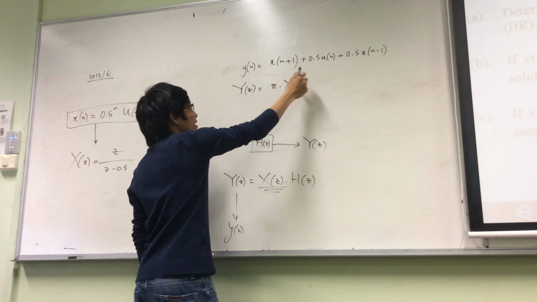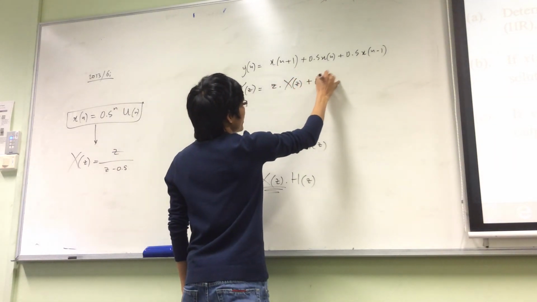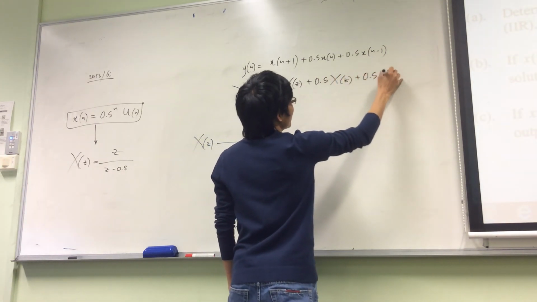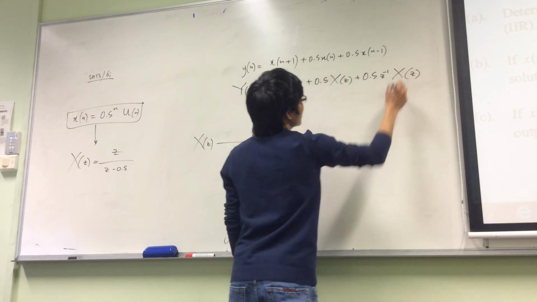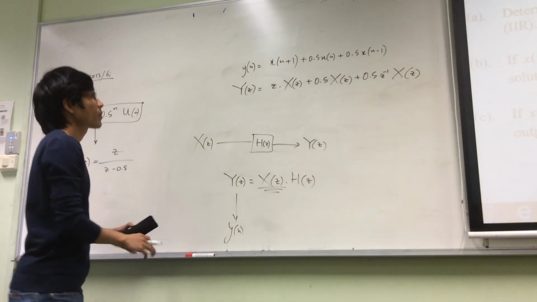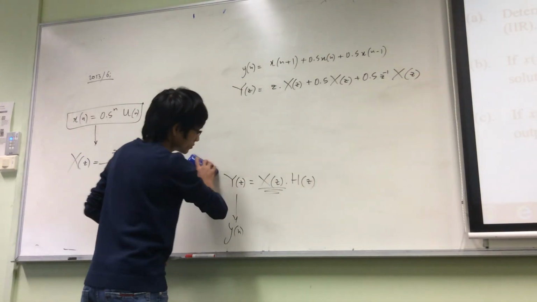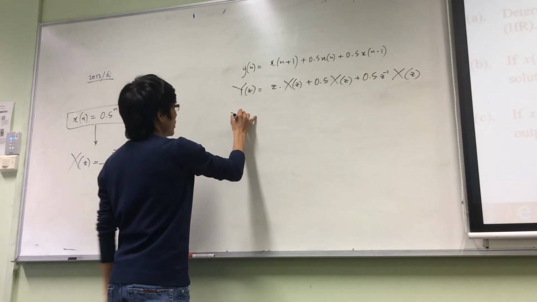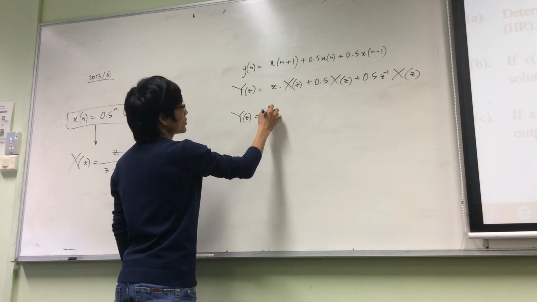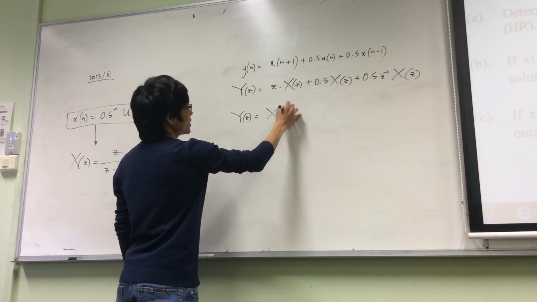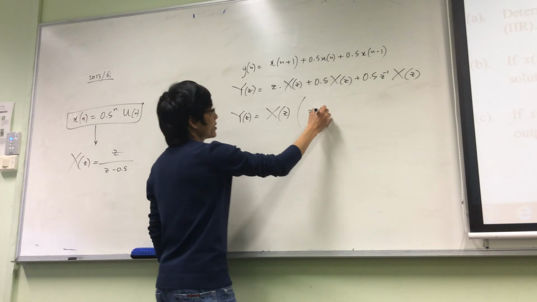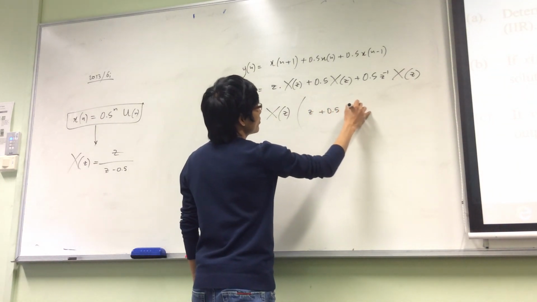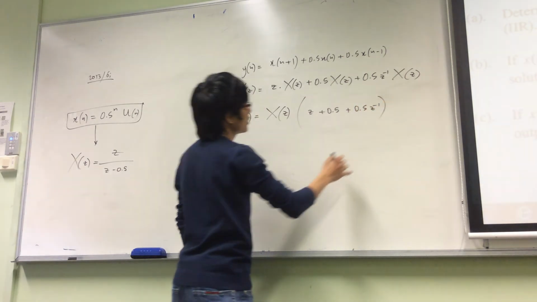Plus 0.5 Xz, same, we don't need, minus 1 to the power of minus 1. So we get Yz equal to Xz common factor, and I have z plus 0.5 plus 0.5 z minus 1.